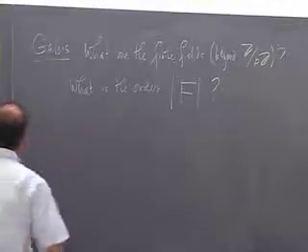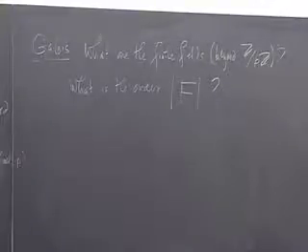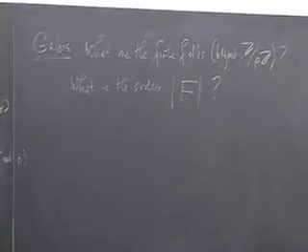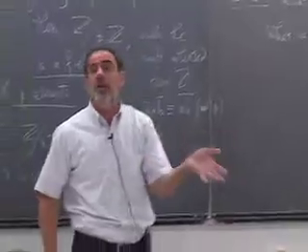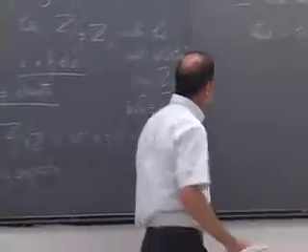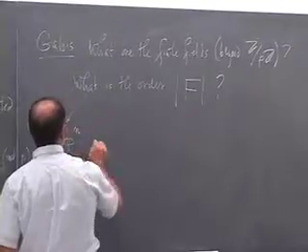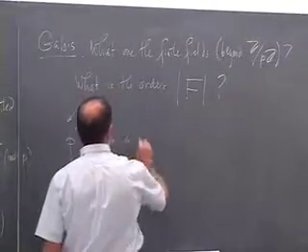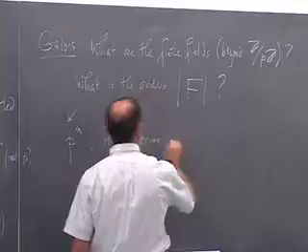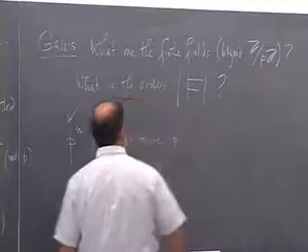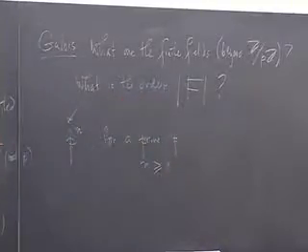Can you have a finite field? Here's a finite field of order 2 and 3. Is there a finite field of order 4? Is there a finite field of order 5? Yes. Is there a finite field of order 6? We don't know. So what Galois proved is the answer to this is p to the n for a prime p and an integer n bigger than or equal to 1. So you don't have a finite field of order 6.